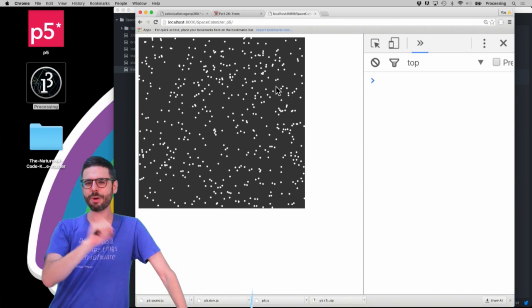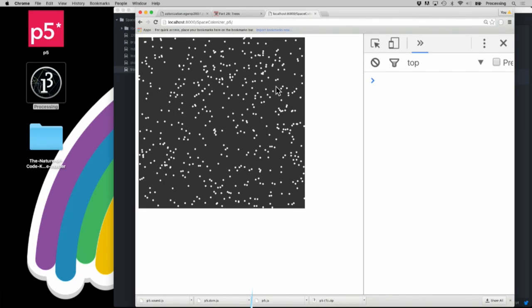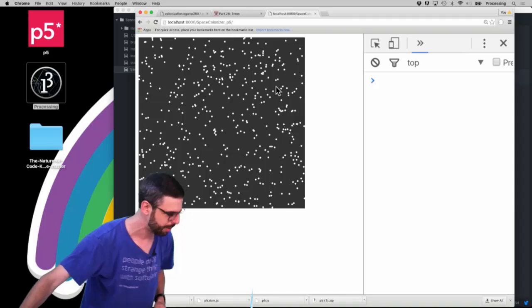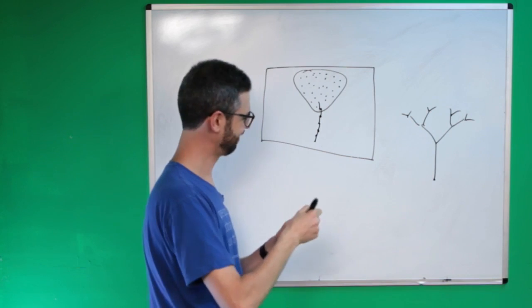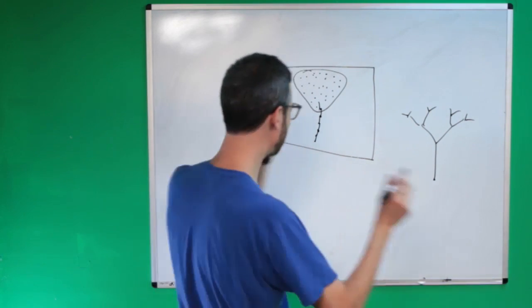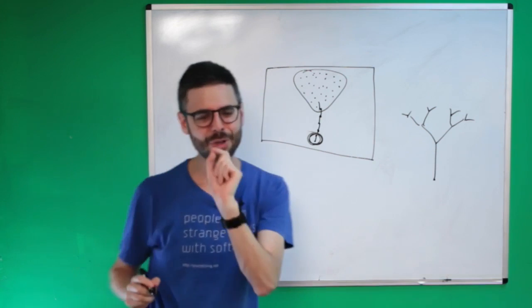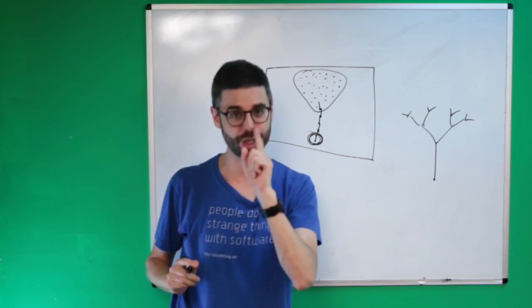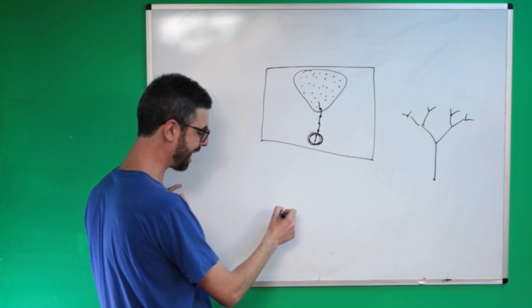So I need to figure out what goes in these branch objects. So the branch objects, have I been in the wrong place the whole time? No. The branch objects are these little segments. And here's an implementation that you could do: you could create a branch object really just as a position.